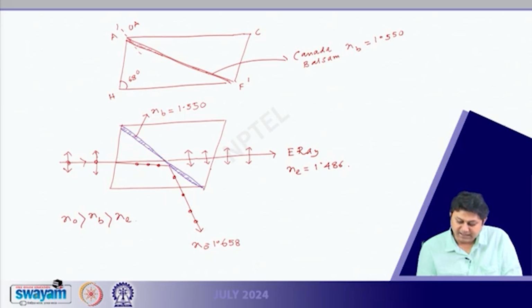So, whatever ray I get on this side is the O ray, which is polarized along a particular direction, and here the E ray, which is also polarized along a particular direction. Note that the angle of incidence at the balsam layer must be greater than the critical angle for which total internal reflection can take place, and accordingly we need to launch the light.